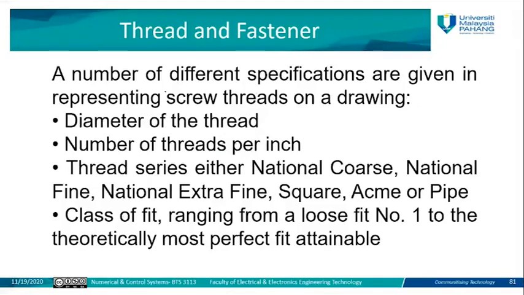So these are the parameters that they need to define. For example, they need to know the diameter of the thread, the number of threads per inch, the thread series, either national. Actually, there is some standard for the thread series, how it looks like the zigzag here for the thread: either national coarse, national fine, national extra fine, and so on. So all these parameters, based on the standard, they need to define.